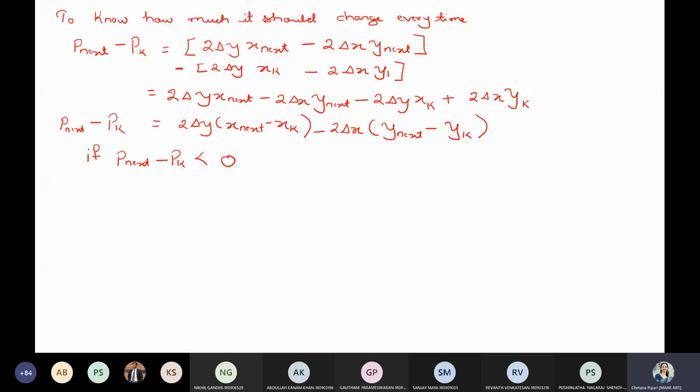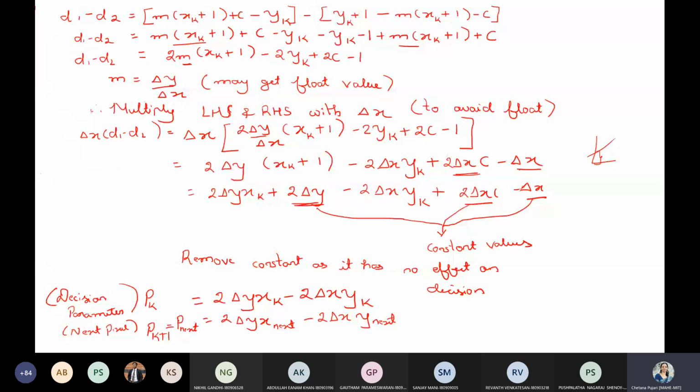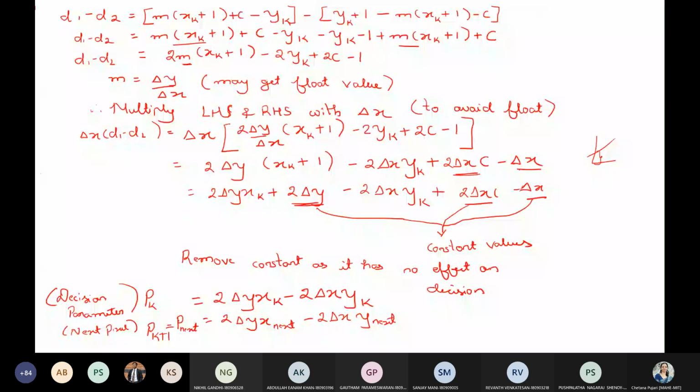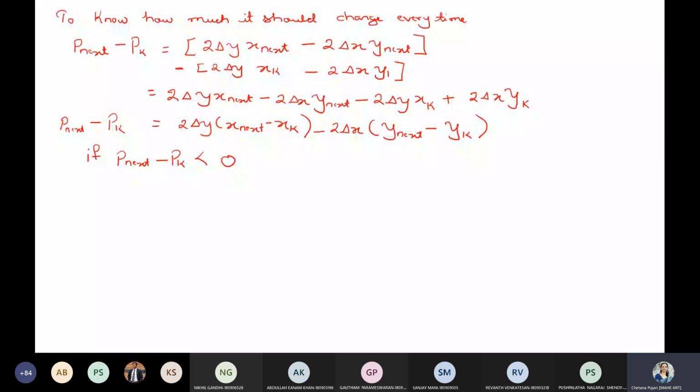If the difference is less than 0, what will be the value of our y? Yk plus 1? No, the difference is less than 0. We are doing d1 minus d2, not d2 minus d1. So when the difference is less than 0, your y next will be equal to yk. No change.